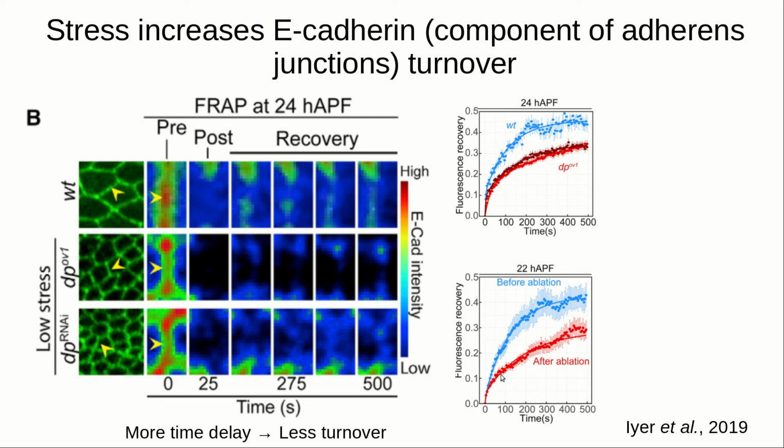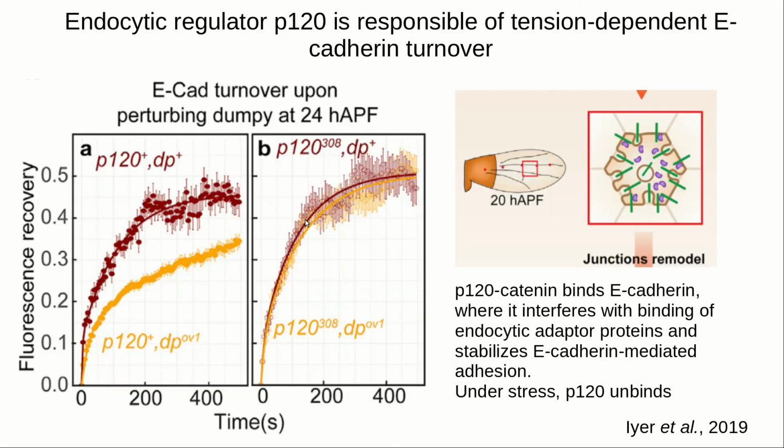And the same happens after laser ablation. Instead of having a dumpy mutant, you just cut the wing from the margin, and you get the same result because there's no tension. So E-cadherin turnover is regulated by tension. Then they find another player, which is P120.